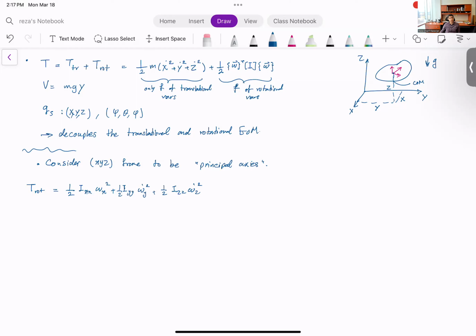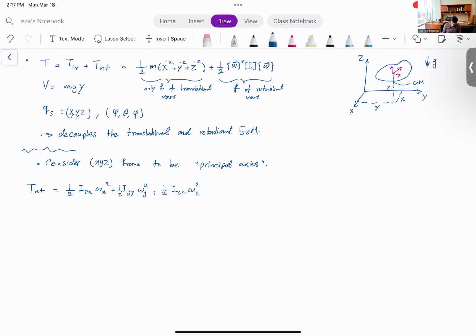The problem is this. These omegas are not q dots where q is my generalized coordinate.